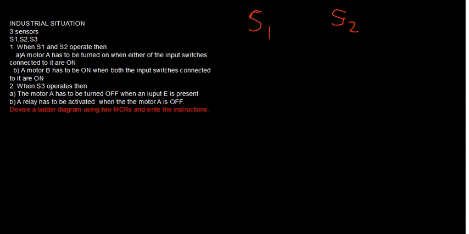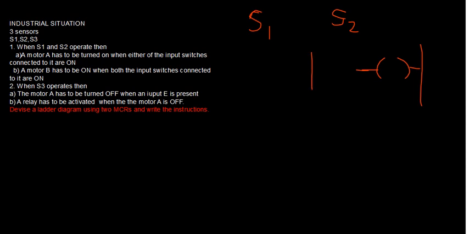That means, for a motor A, let me say that motor A is like this in my PLC scenario. This motor has to be turned on when either of the input switches connected to it are on. That means you have one input switch here, and either means another will come here. So, this is one condition, and in the second condition, a motor B has to be on when both of the input switches connected to it are on.